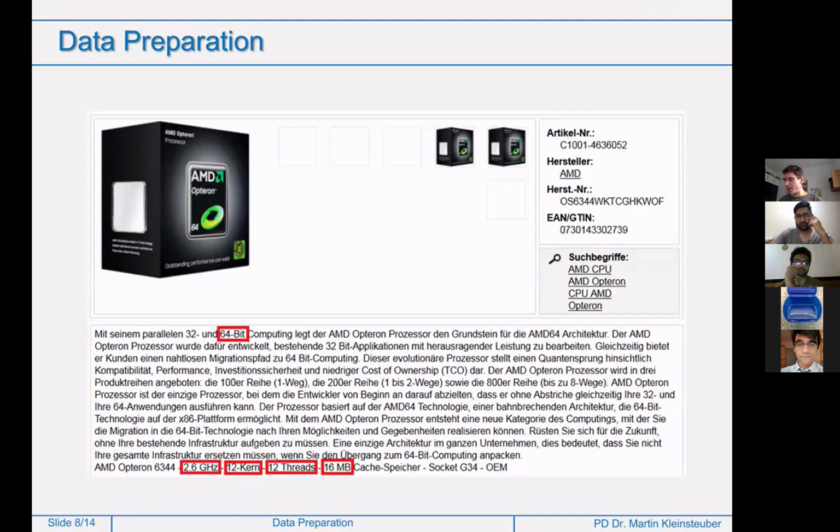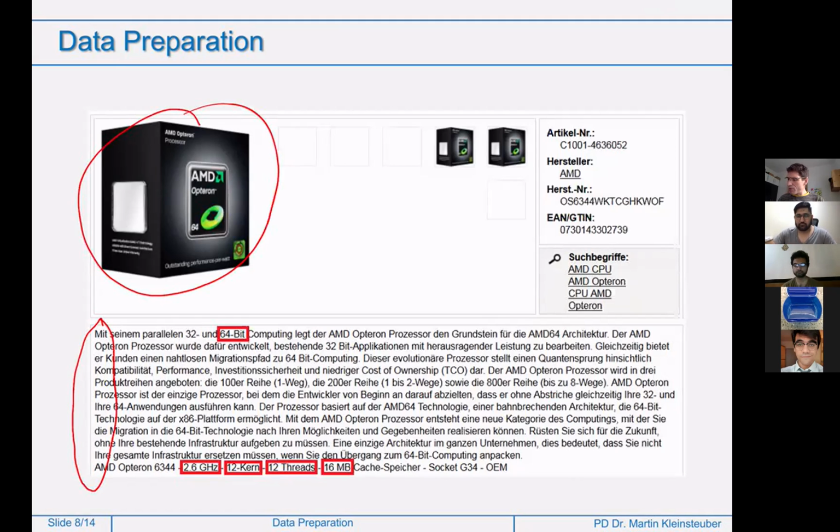For example, if you look at data that is quite diverse, you have a description text here. You have images of something, like an article. I mean, of course, this is something we do at Mercatio.